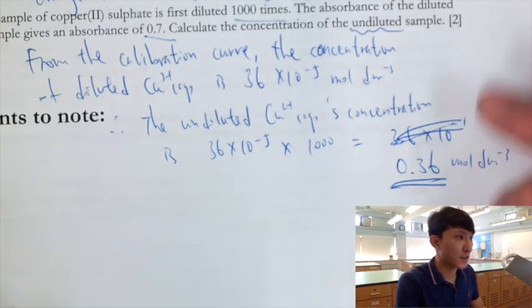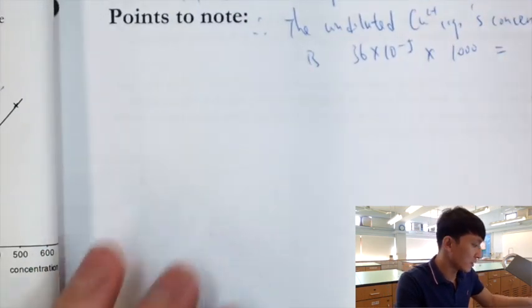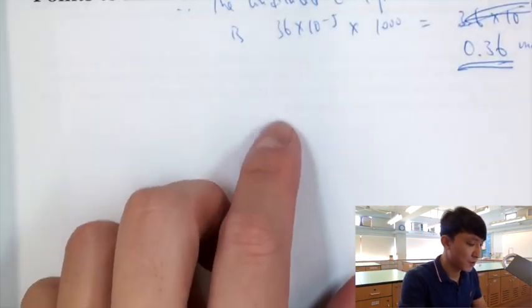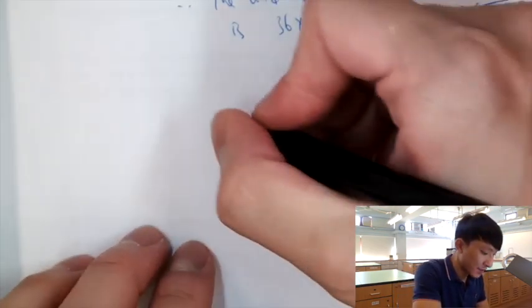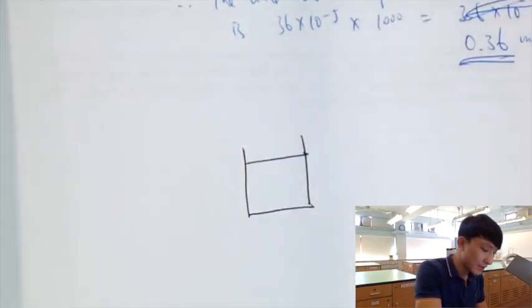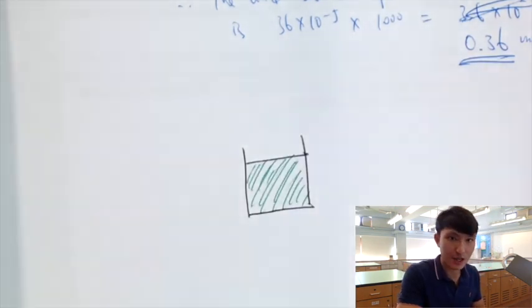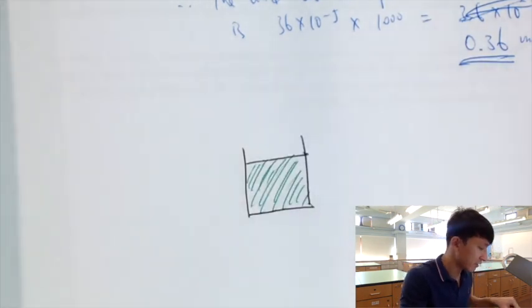Before we move on, I just want to point out one concept. Previously we talked about a sample that is green in color. The opposite color is probably red, right?